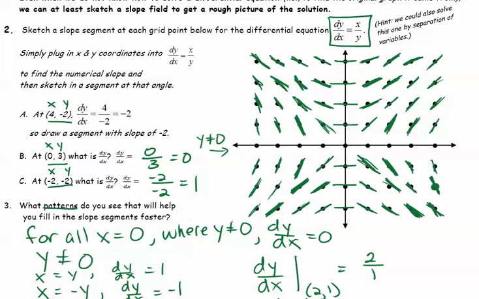All right, so our next question 4 asks us to put in one solution curve here at the point 0, 1. So the best you can do here, follow the slopes, and we'll come up with what looks like one branch of a hyperbola. And the important point here is you would not draw both branches.